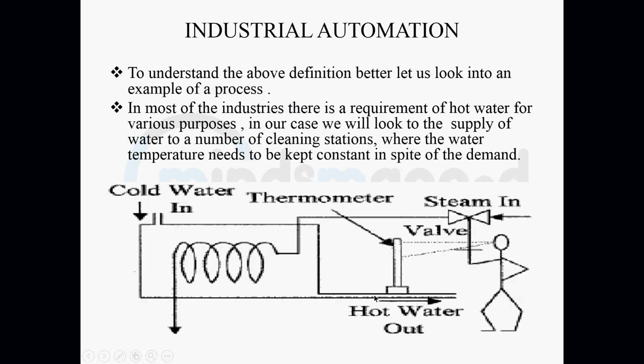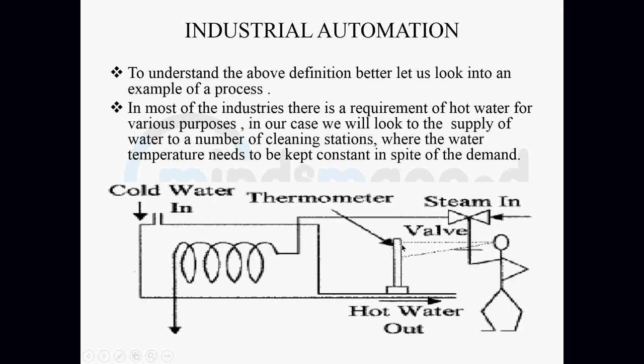So you want hot water at the same temperature, right? This operator here will be manually observing this thermometer to see that the temperature remains in the ranges that are approved for it, right? The hot water temperature ranges. And whenever the temperature starts to fall below the range, this manual operator will open this valve and let more steam flow in, so that the water heats up and remains in the range that we want it to be.